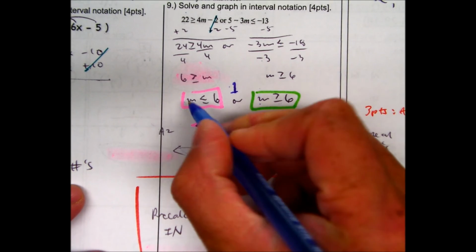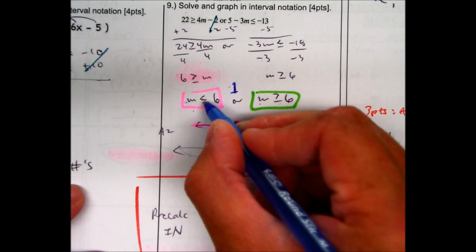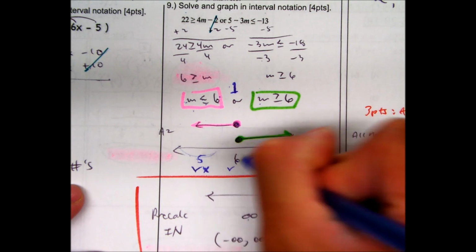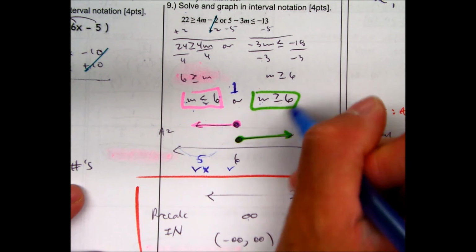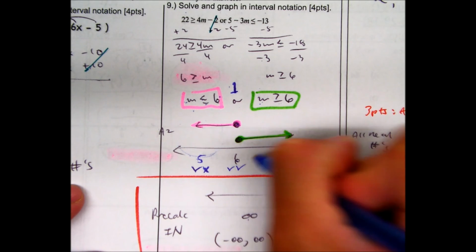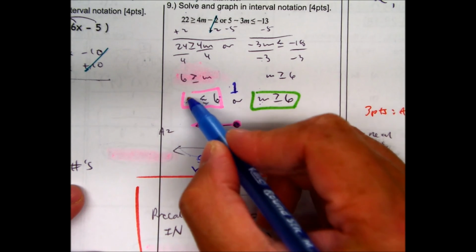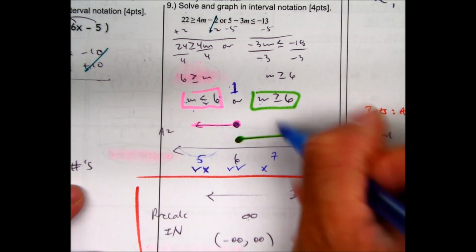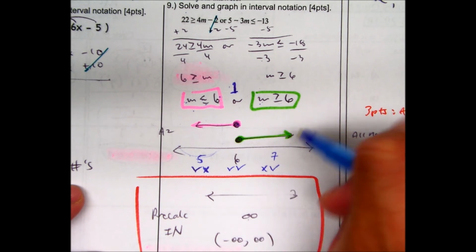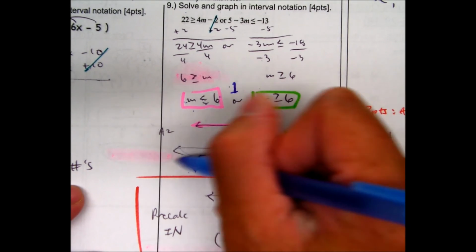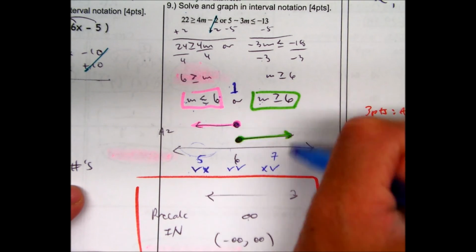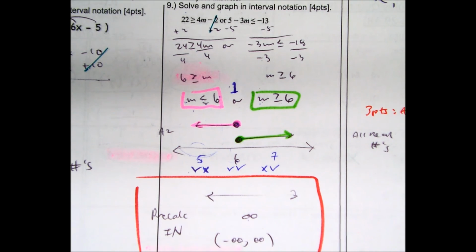If I pick 6 itself, 6 is not smaller, but it is equal to 6, so that is true. 6 bigger than or equal to 6, it is equal, so it's true. Pick 7, 7 is smaller than 6. Nope. 7 is bigger than 6. Yes. You only need one check mark. Notice how all of these regions is a solution, therefore it is all of them.